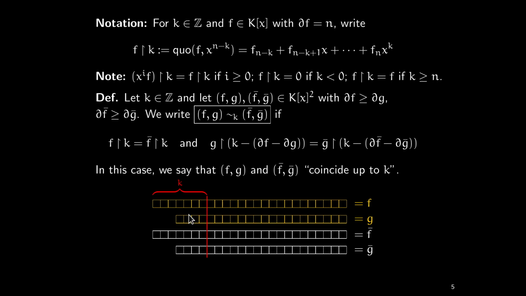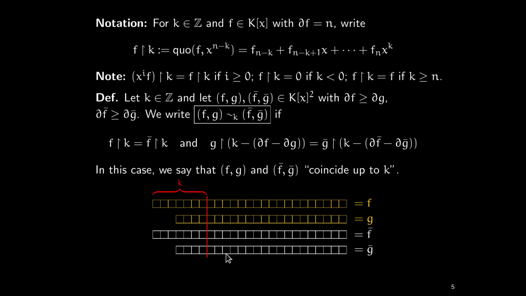The next row in the Euclidean algorithm, or the next quotient or remainder, will be obtained by dividing f by g, and it will be something smaller than g. I can as well do a division here and divide f bar by g bar, and then I also get a remainder.